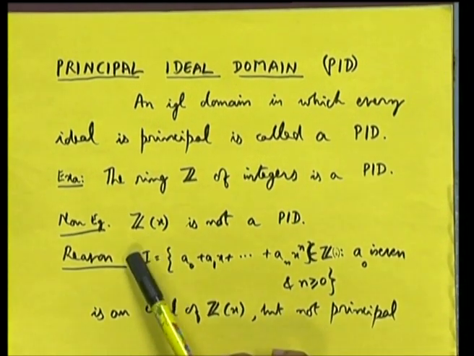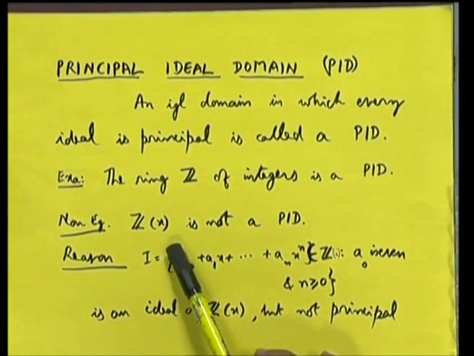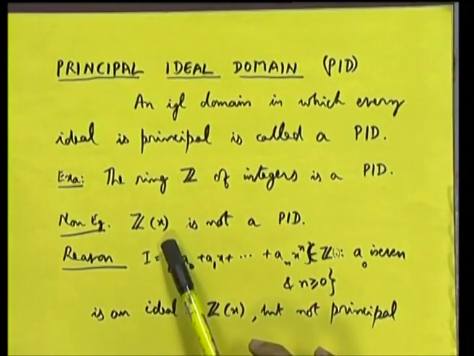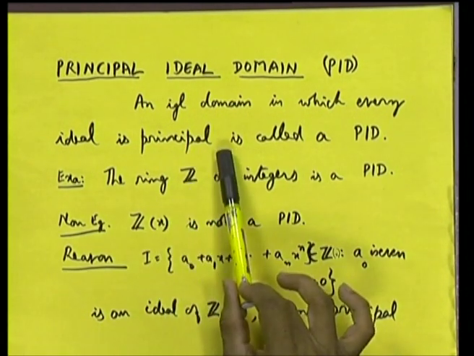To give a non-example, we can consider the set Z[x], the set of polynomials whose coefficients come from the set of integers, and we can see that this is not a PID. In fact, we produce an ideal of Z[x] which is not principal.